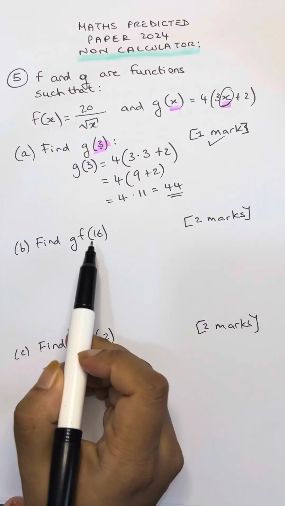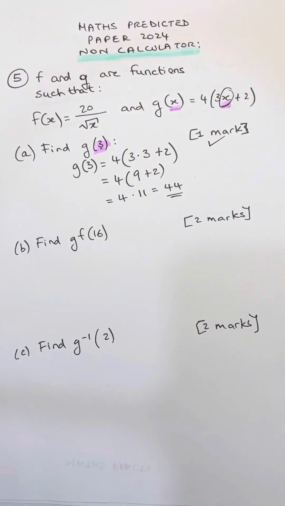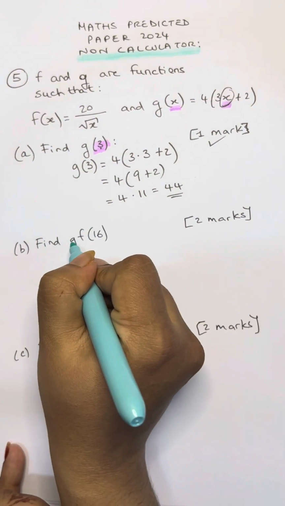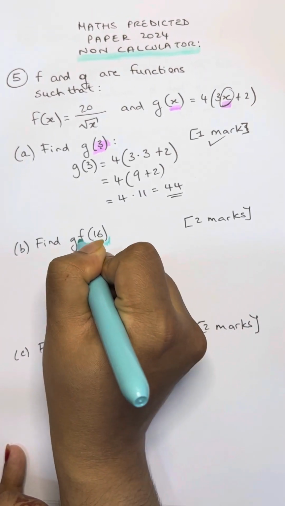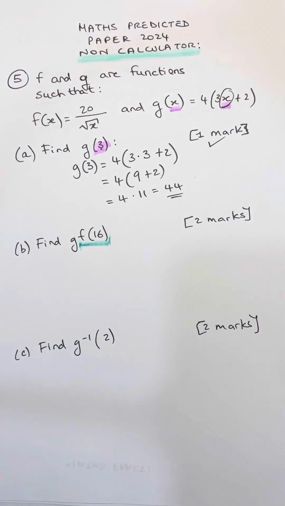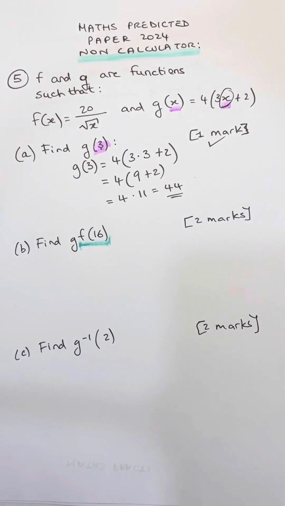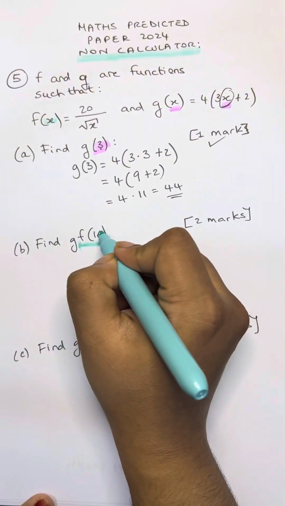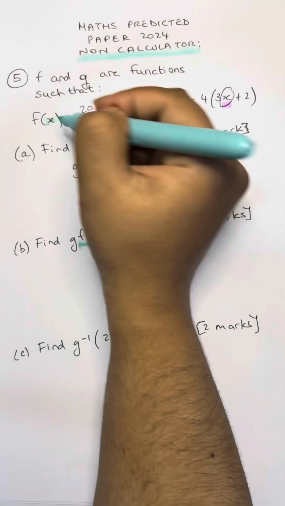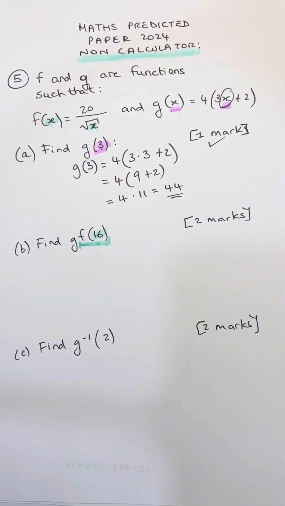The next type of question is asking you to find f of g of x, where the value is 16. What it means is that you need to focus on f of 16 first. When you have two functions multiplying each other, first try to solve for the last function, so f of 16. f of 16 means that you need to substitute the x value with 16, including this x underneath the square root.